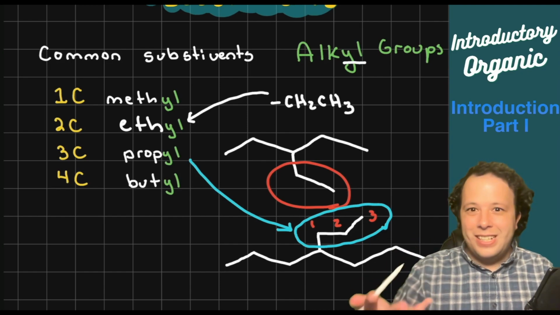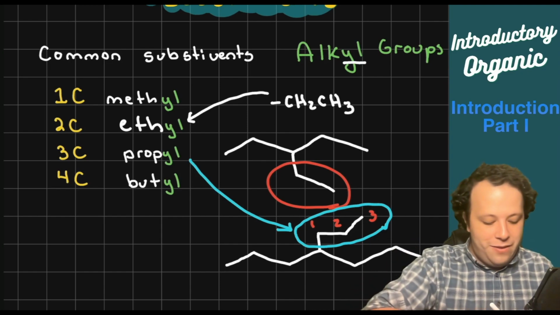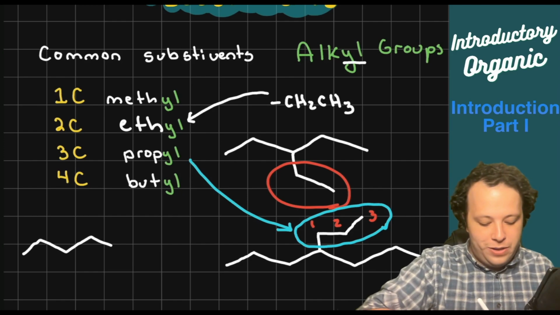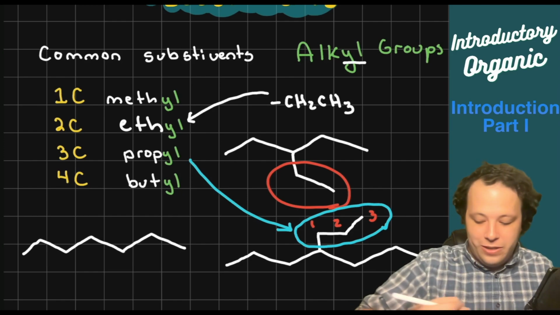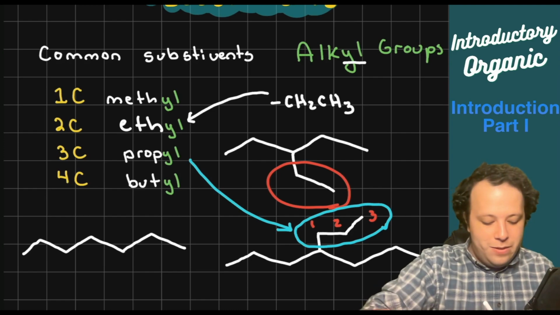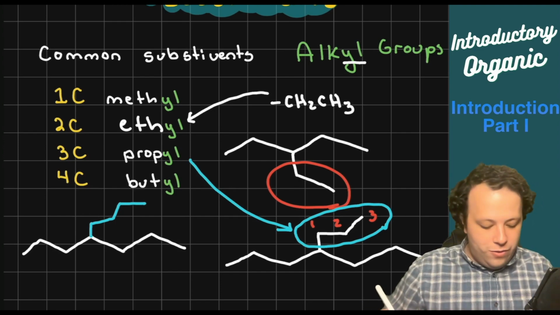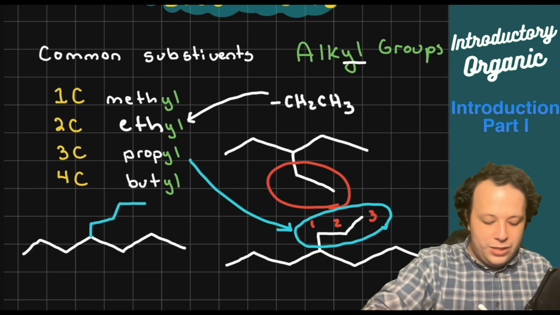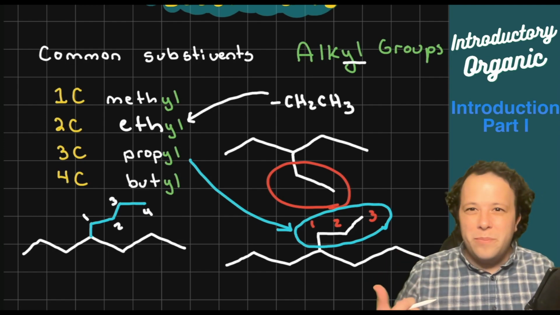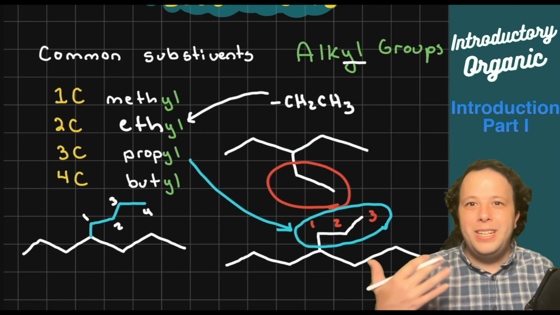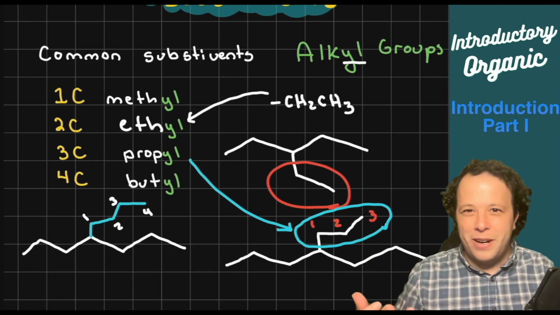And then as you can imagine with that trend, if we have a 4-carbon branch coming off, then that's going to be butyl. So 1, 2, 3, 4, all coming off of that chain, right? And that would show the last one, which is a butyl group. Now, typically they don't usually get longer than butyl. Butyl is typically the maximum, being that it's all about what is your longest parent chain.